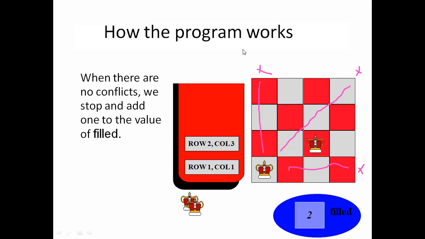Once it is filled, again this is the diagonal, this is the diagonal, and this is the diagonal. This is also diagonal, and this is the row, and this is the column.